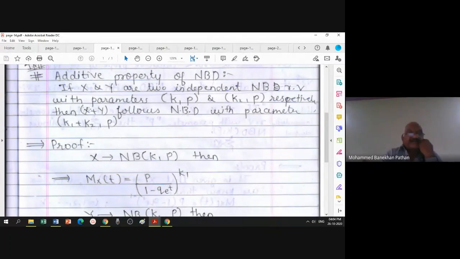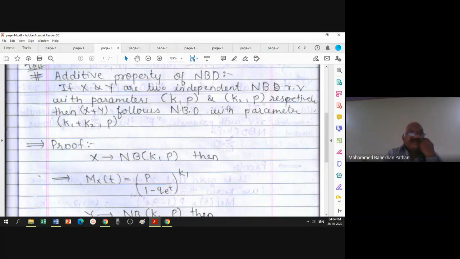That means if I have two situations in real life, one situation follows NBD with parameter K1 and chance of success P, and another situation follows NBD with parameter K2 and chance of success P. That means there are two situations with the same probability of success.